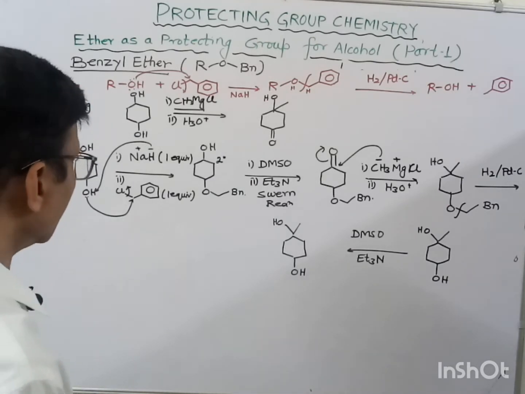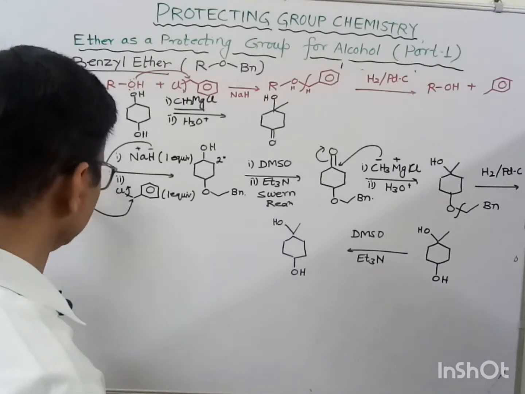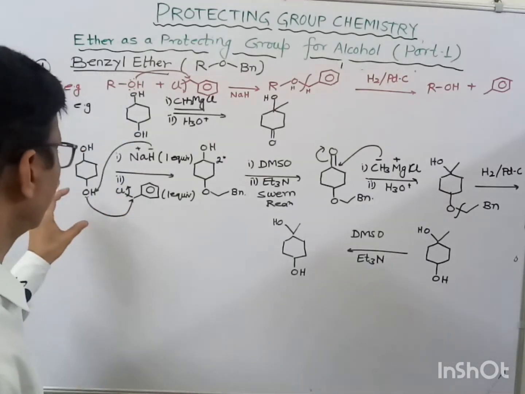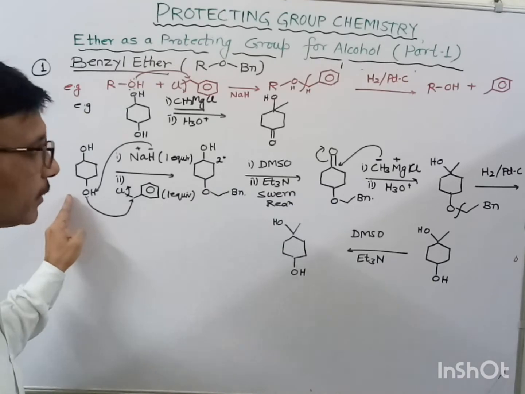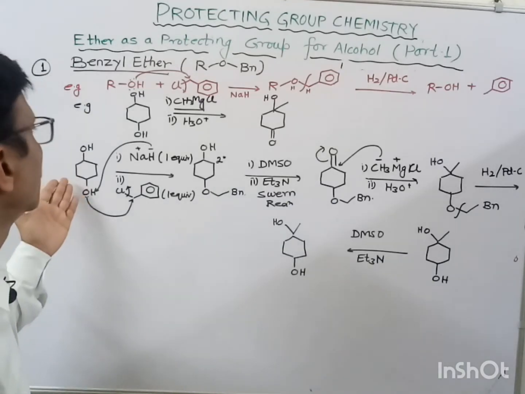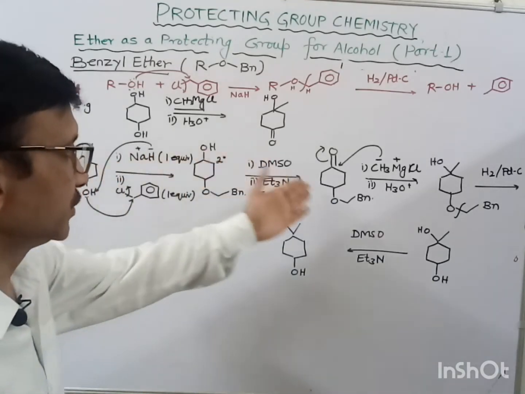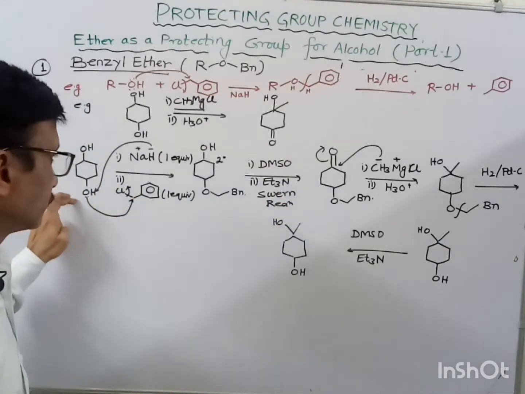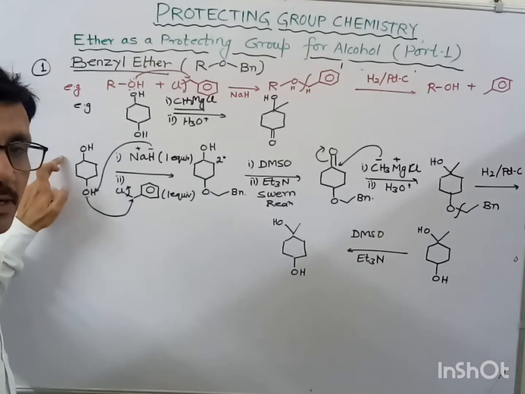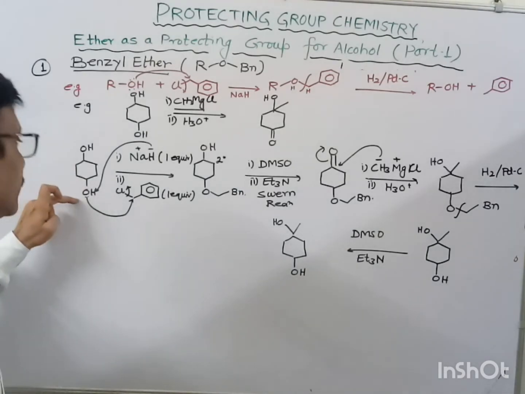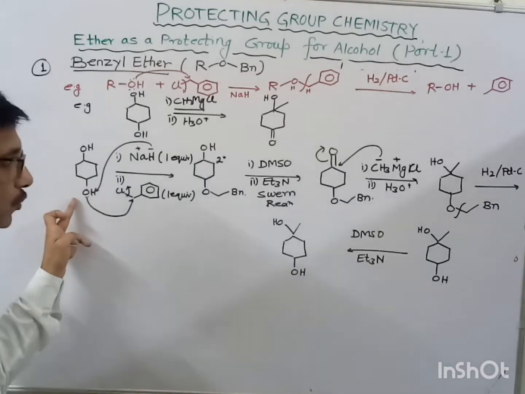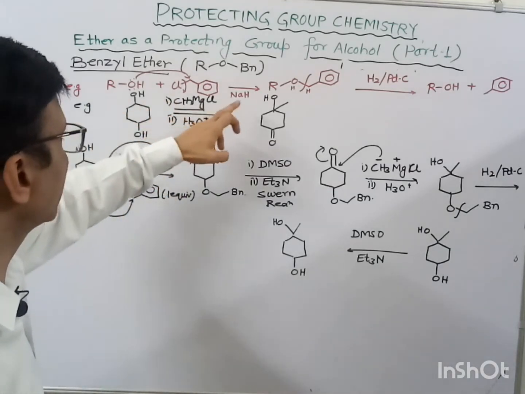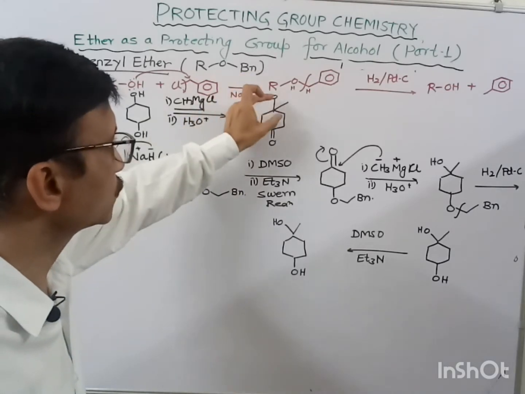Now suppose here this protection is necessary. First, one of the OH groups should be protected. If we do the oxidation, then both OH groups will undergo oxidation and convert into keto groups, and if we react it with the Grignard reagent, then at both positions we would have OH and methyl group.